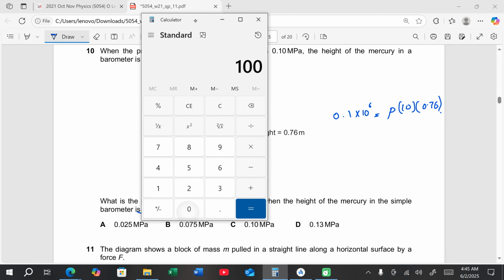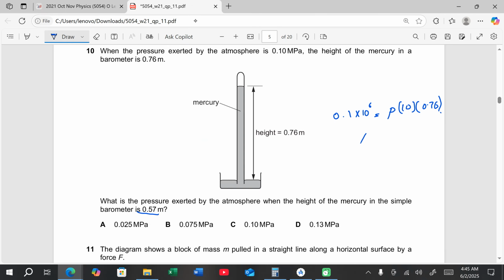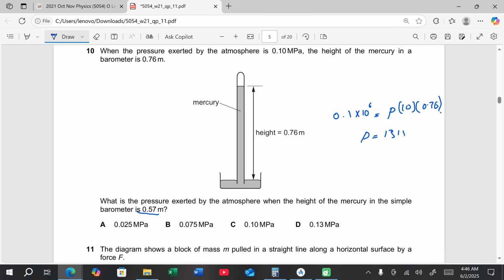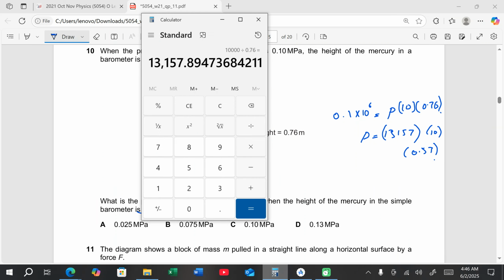So it is this divided by 10 divided by 0.76. So this is your density, 13157. Now I'm going to multiply it with 10 and with 0.57.